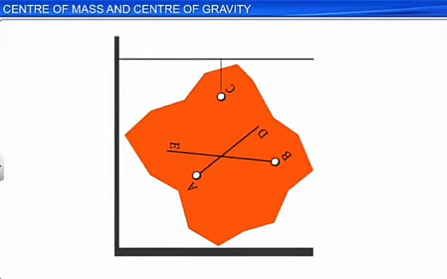Finally, suspend the lamina through point C and draw a vertical line CF using a plumb line. The point of intersection of the 3 lines AD, BE, and CF is the center of gravity of the irregular lamina.